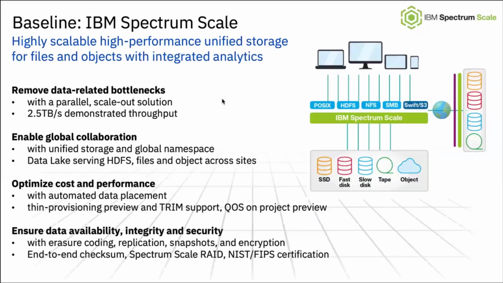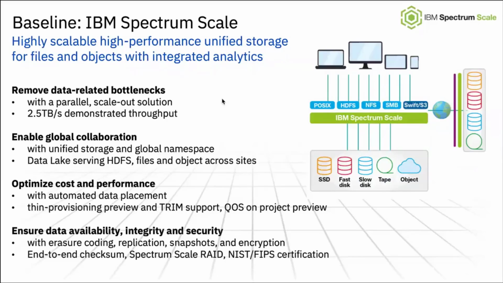Now, let's look at the IBM Spectrum Scale highlights. Although many of you are familiar with IBM Spectrum Scale, it is highly scalable, high performance, unified storage for files and objects, and it also provides integrated analytics capability.